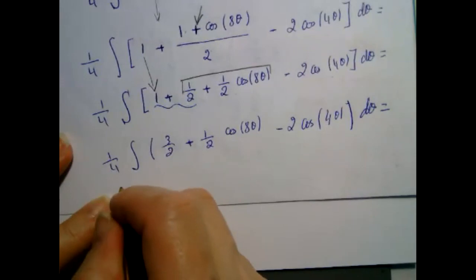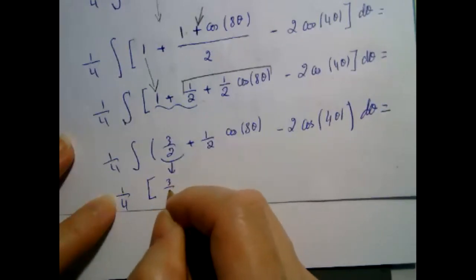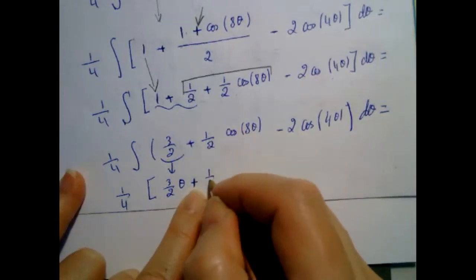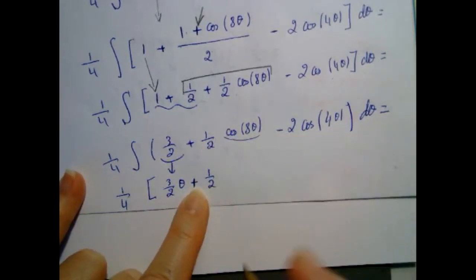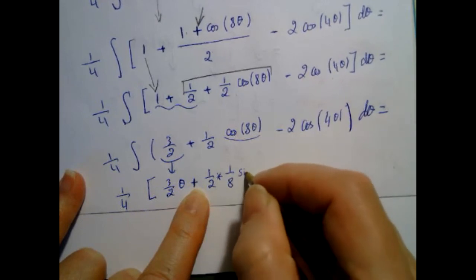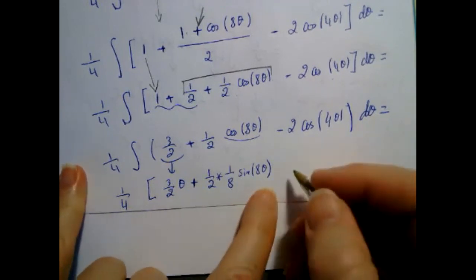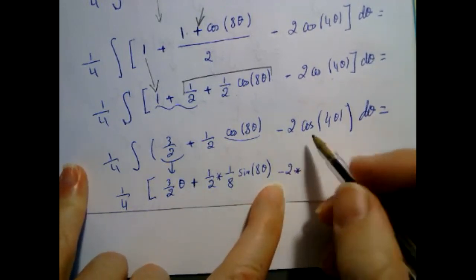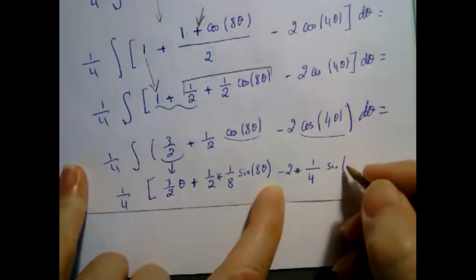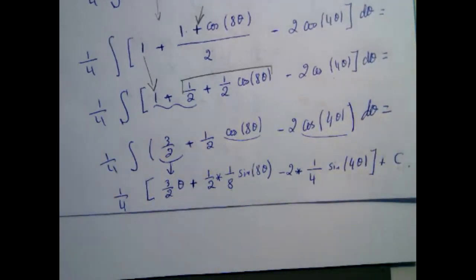It's equal to 1/4 times: the antiderivative is 3/2 theta plus a half of the antiderivative of cosine 8 theta, which by substitution is 1/8 sine 8 theta, minus 2 times the antiderivative of cosine 4 theta, which is 1/4 sine 4 theta, plus c. End of the problem.